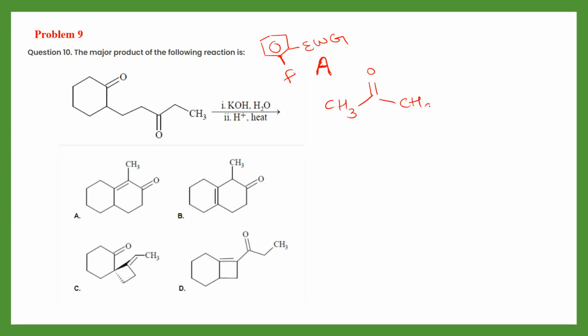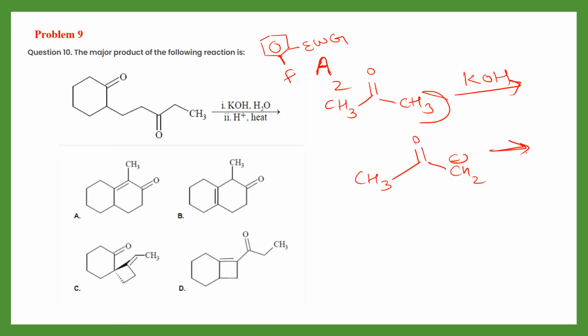Okay, let me tell. We have two molecules of this. In presence of base, first it is going to abstract a proton from here and it will form enolate. Correct? We have another molecule of this since we are taking two molecules.